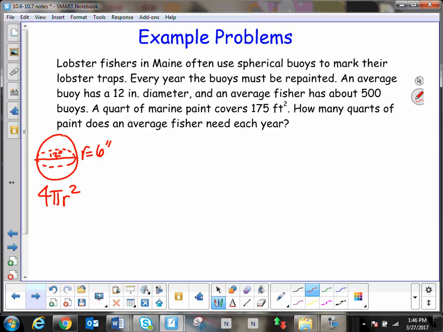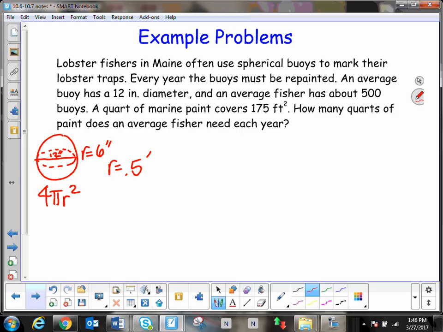So what's the radius, Allison? 1/2, right? So let's put 0.5, and now it's in feet. You want to work with that one.